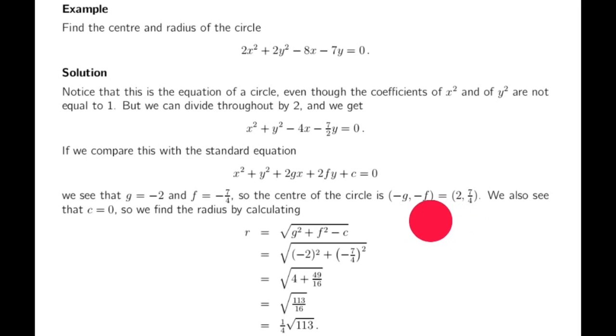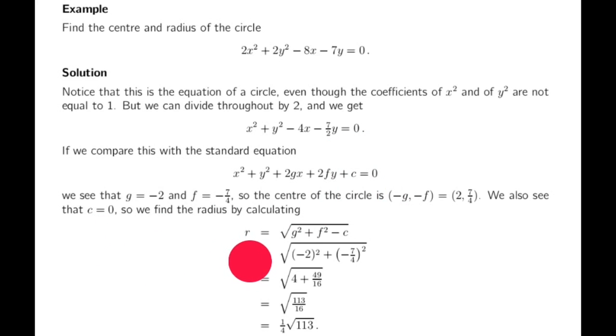Now, we calculate the radius. Comparing with this standard form, the value of c is 0. There is no constant term in the given equation and hence c value is 0.